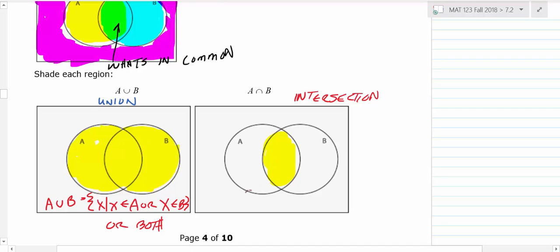The definition of A intersect B is the set of x such that you are inside of A and at the same time you are in B. Hopefully the mathematical definitions of union and intersection get a little more clear as we go along.